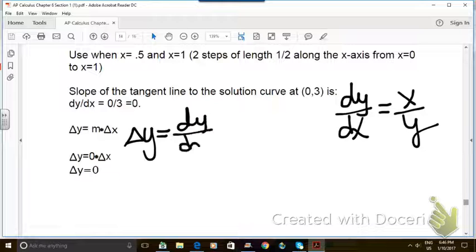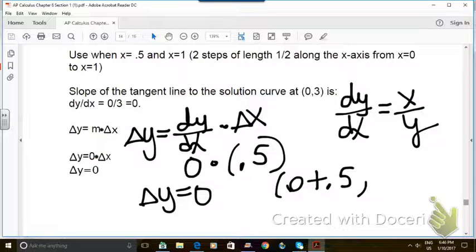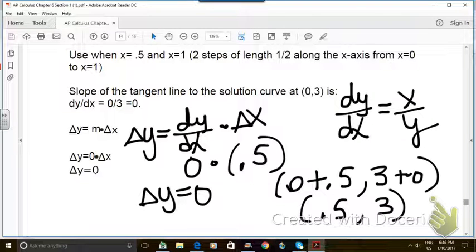I like the dy dx. Your formula sheet uses m delta x, doesn't matter. So 0 times delta x of 0.5, so the change in the y is 0. So we add 0.5 to the x, 0 plus 0.5, and we add 0 to the y. So our new point is 0.5, 3. Now we have to get to 1 for the x.